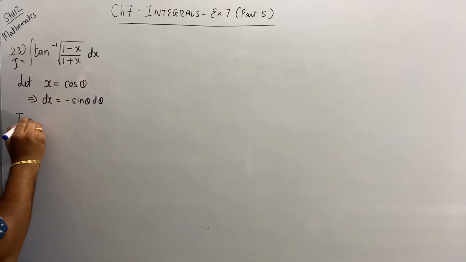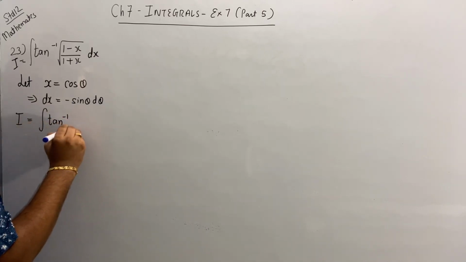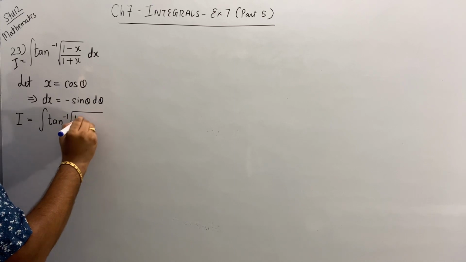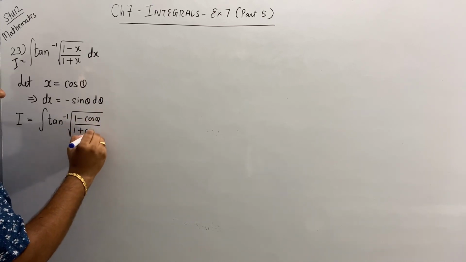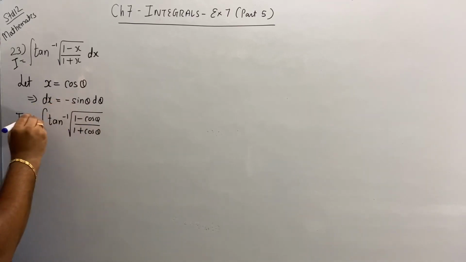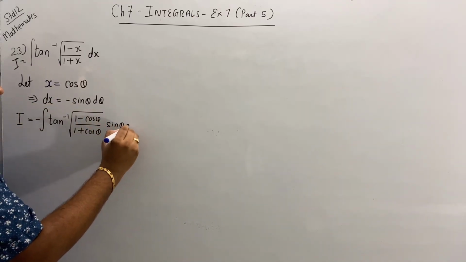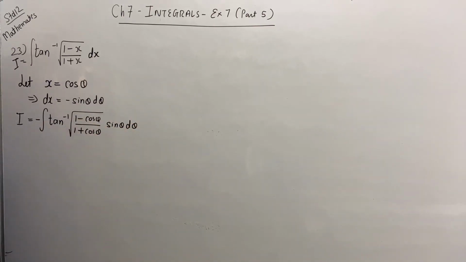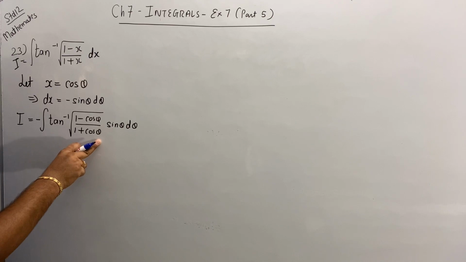I will be equal to tan inverse square root of 1 minus cos theta upon 1 plus cos theta, and instead of dx, minus sine theta d theta.